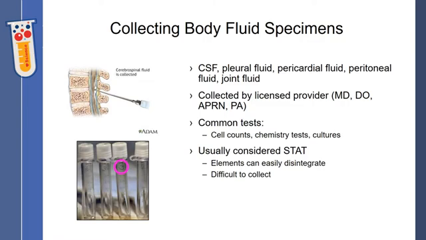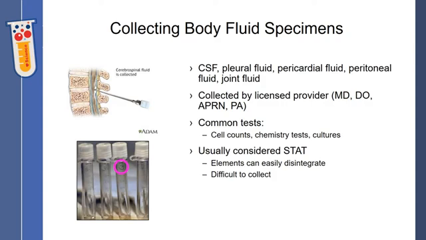And the bottom image shows common CSF collection tubes. These tubes are numbered, so if you can see in that little pink circle there, that tube has a little number on it. These should be collected in that order. Number 1 should be collected first, number 2 should be collected second, and so on. And the tubes should be distributed to different departments accordingly.